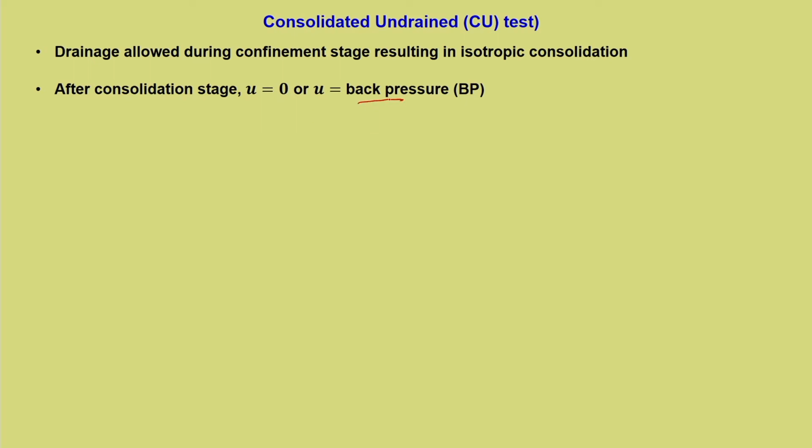Please hold on for some time, we will discuss at length what is meant by back pressure. Ideally, during consolidation, the drainage valve is kept open. So, there will be no development of pore water pressure.